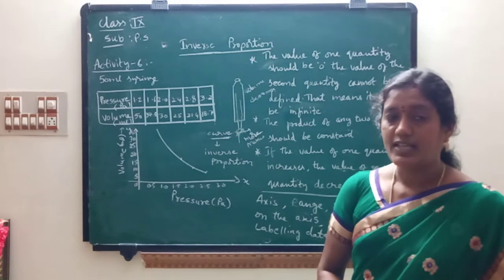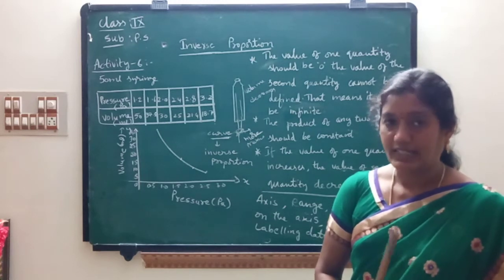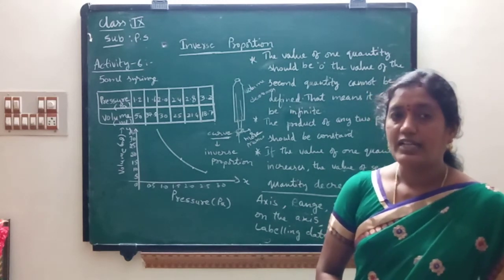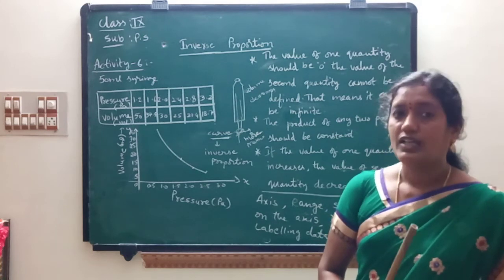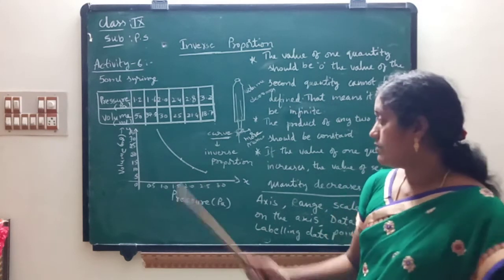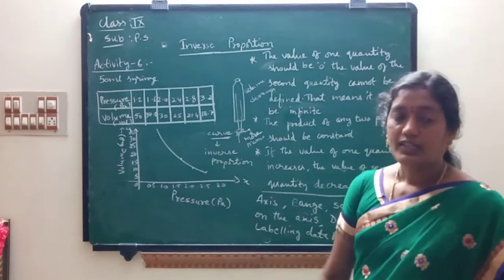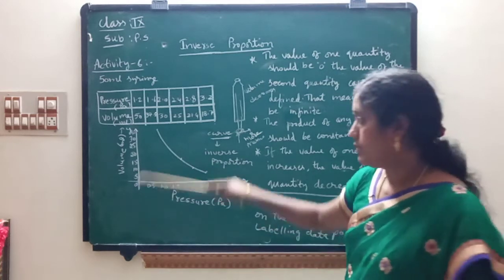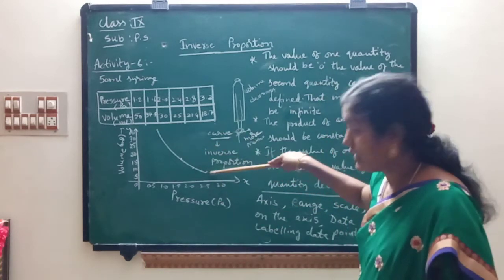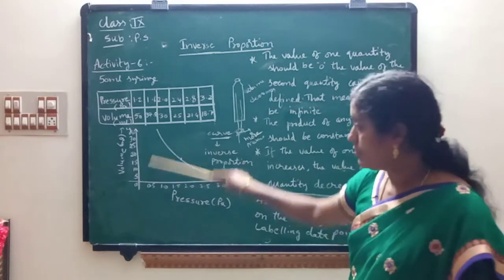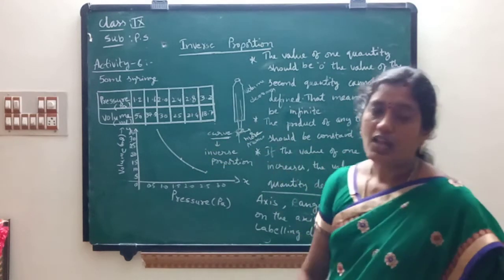If you get a graph like a straight line, then it is a direct proportion, children. If the graph is in a curved shape, then definitely it is an inverse proportion because the values are going on decreasing like this. From here to here the values are going down.